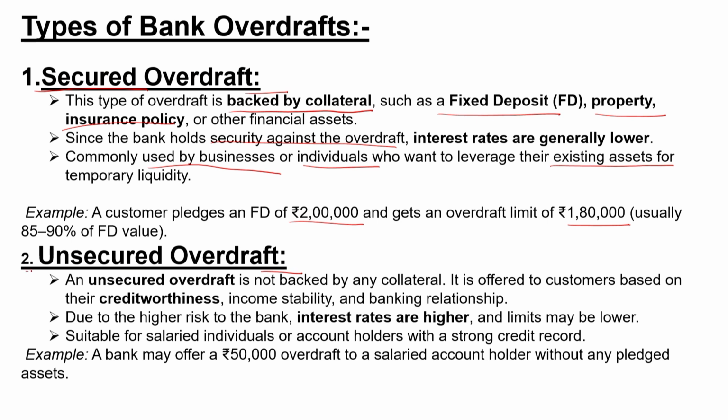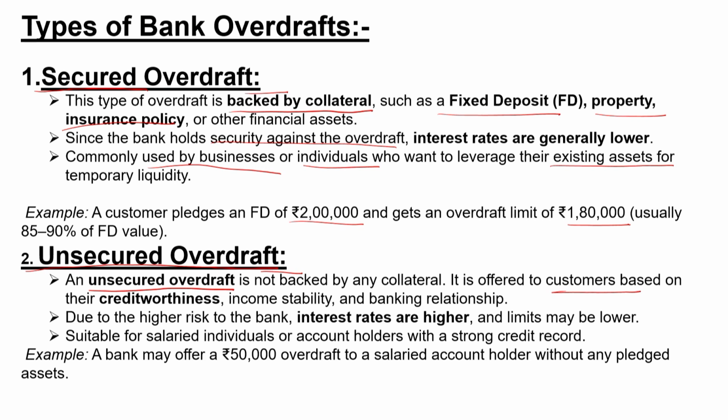Now the second category is the unsecured overdraft. In case of unsecured overdraft, as the name suggests, it is not secured by any collateral security, and it offers the consumer a loan on the basis of their creditworthiness, their credit records and history with the bank, income stability, as well as banking relationship with the bank.